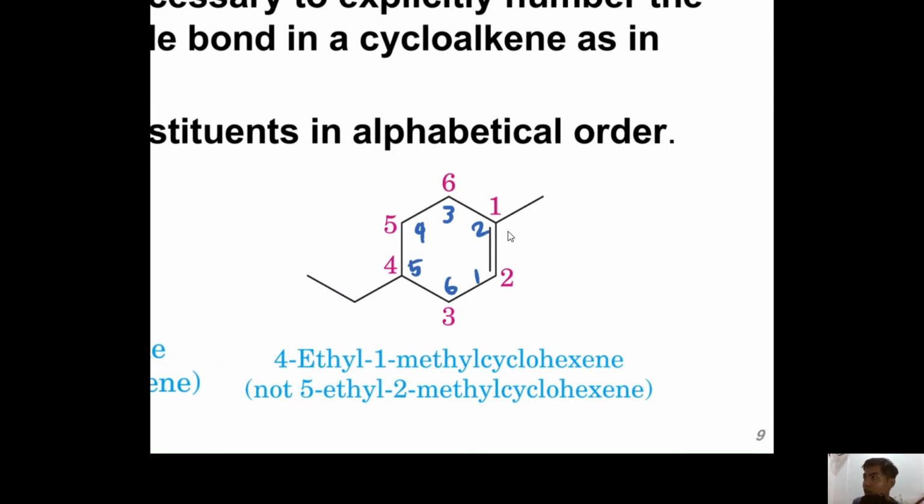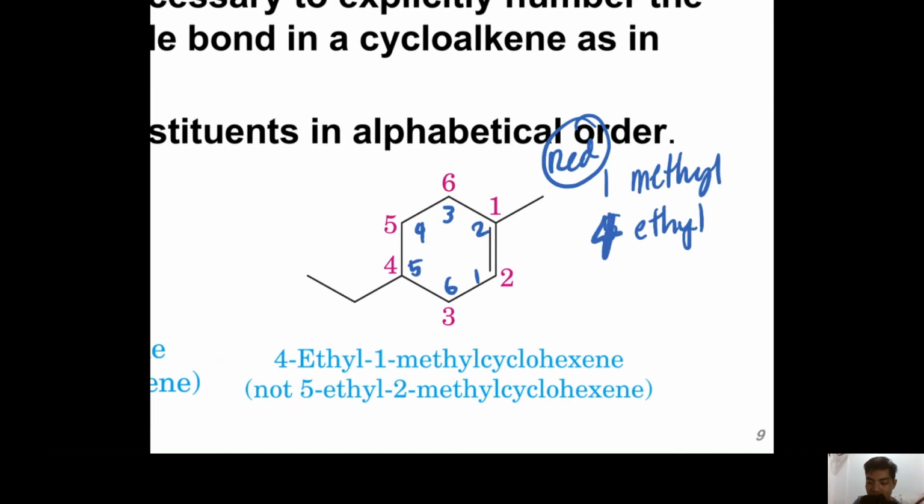Okay? So, pag yung red yung gagamitin natin, ang substituent mo na methyl ay nasa 1. Pag red yung gagamitin, ang methyl ay nasa 1, ang ethyl ay nasa 4.